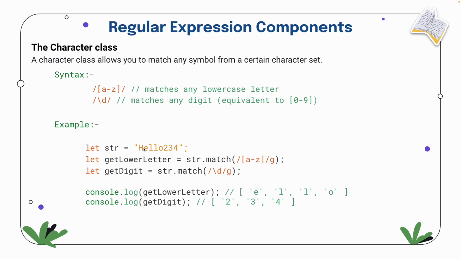H you are not getting because we have written small a to z. But if after the square bracket completion I write one more range, capital A to capital Z, then it will get H as well. All these elements are returned using match. In the same way, if you want to get the digits from this string, you just write \d and you will get all the digits in an array.